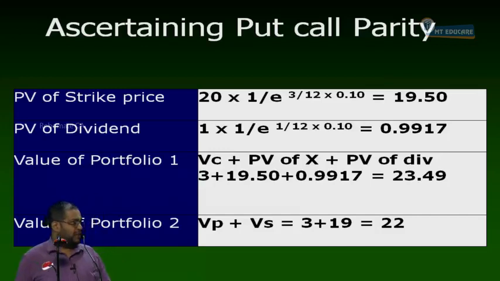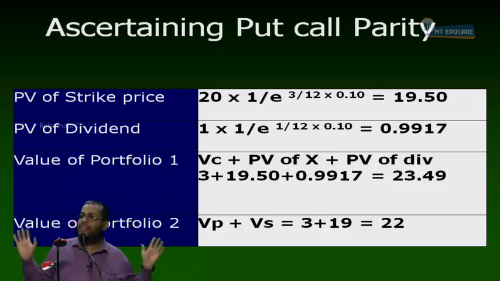The difference between the two portfolio values is 23.49 minus 22, equal to 1.49. With this, we complete this area called as what? Put call parity with dividend. Everybody have the clarity or not? No. Next.